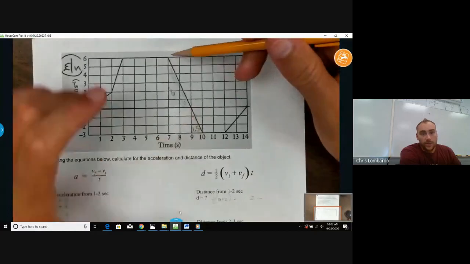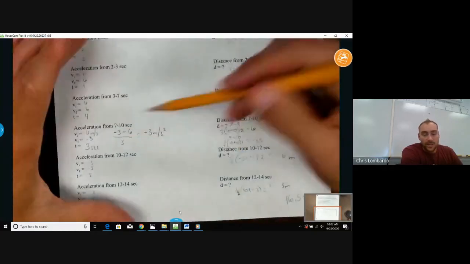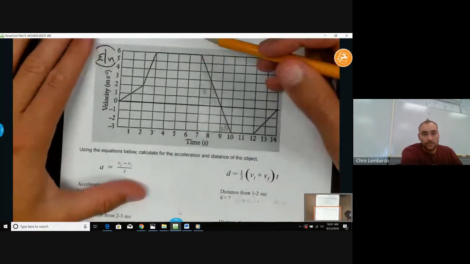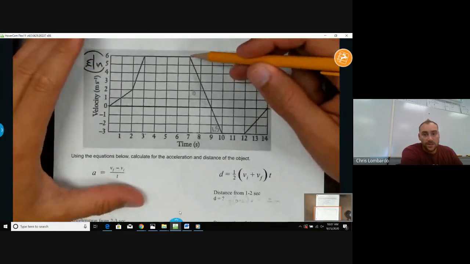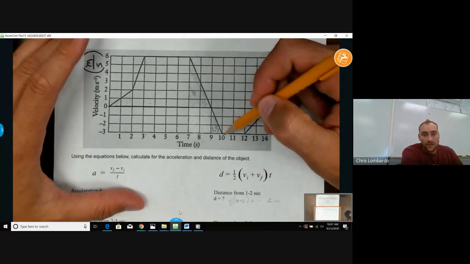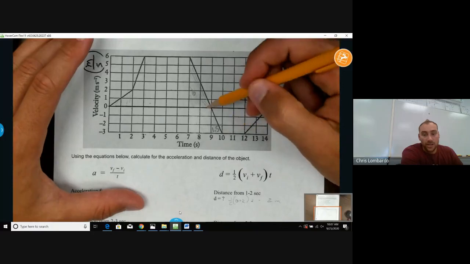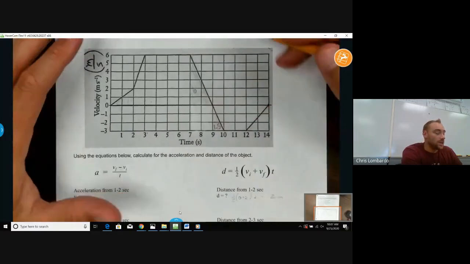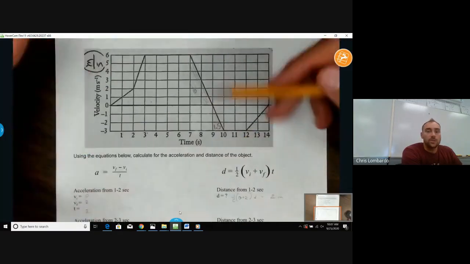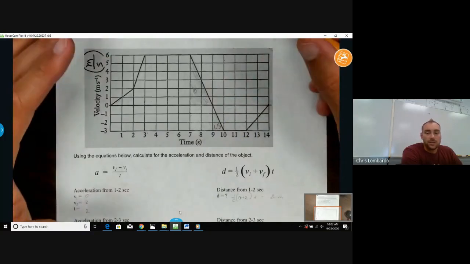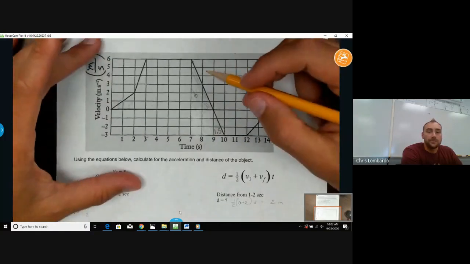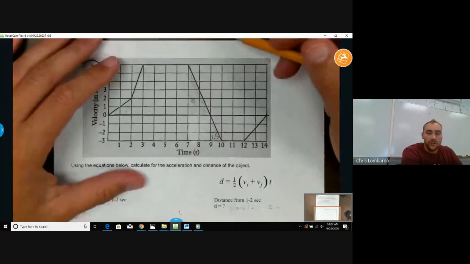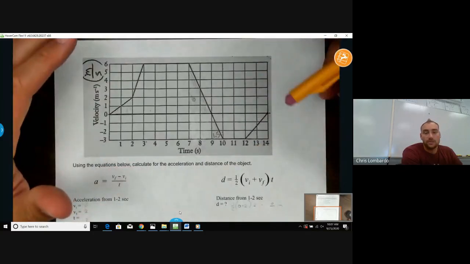So like in the problem that was 7 to 10 seconds, if you went from a VI of 6 and a VF of -3, and you do it, you wind up getting a funky kind of answer. The area basically for a triangle is 1/2 base times height.